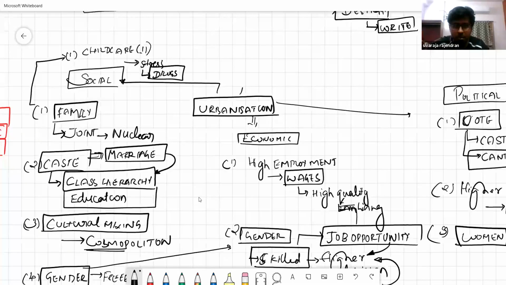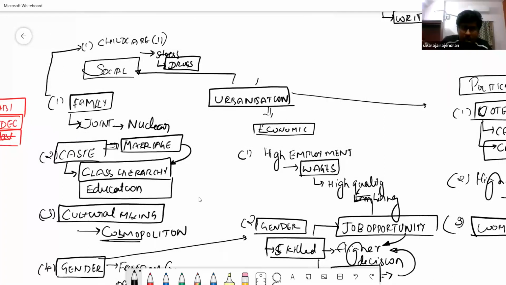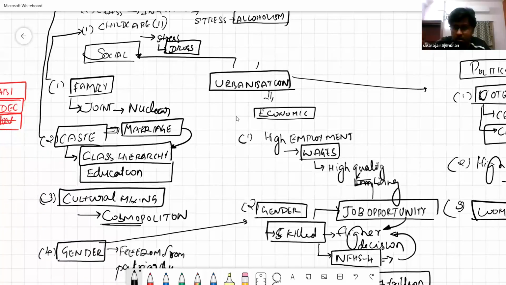Second, see this, class hierarchy. Class hierarchy results in inequality. Inequality results in stress, alcoholism, correct?